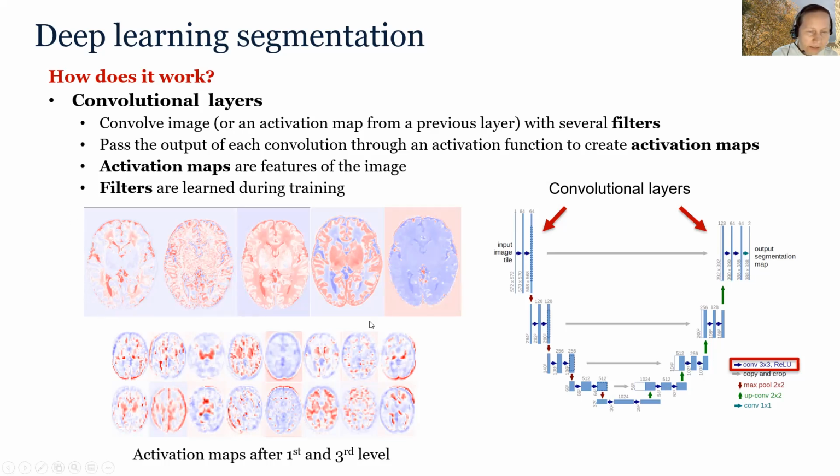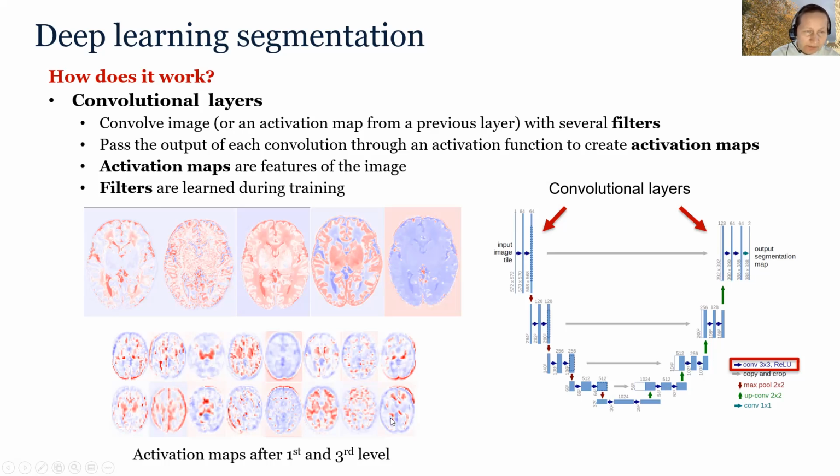Here you can see the activation maps that are extracted from the first resolution layer of the U-Net. You see that we have different filters that produce different feature maps. And here you can see the activation maps from a third level. These are lower resolution and there are more of them.